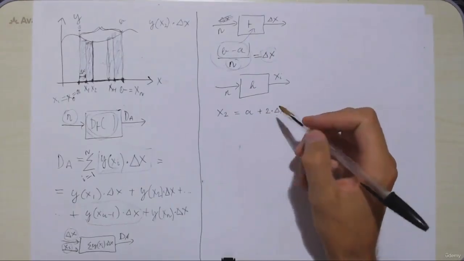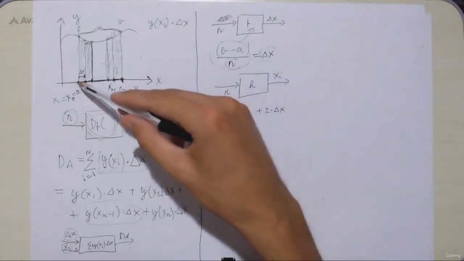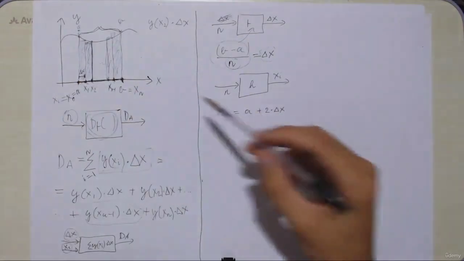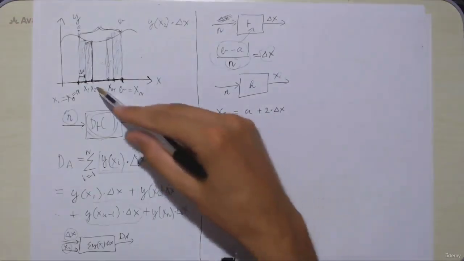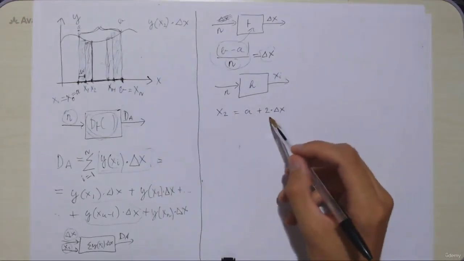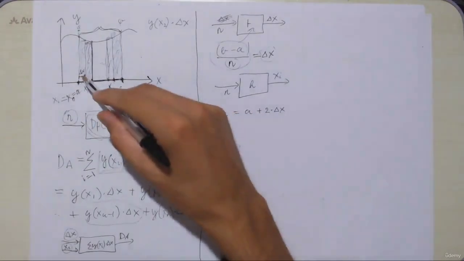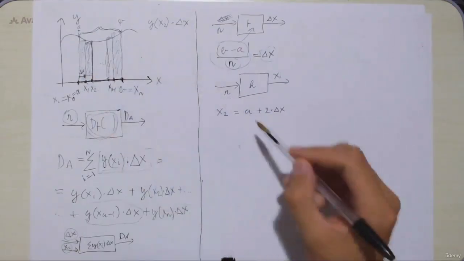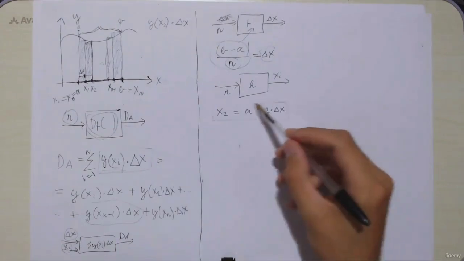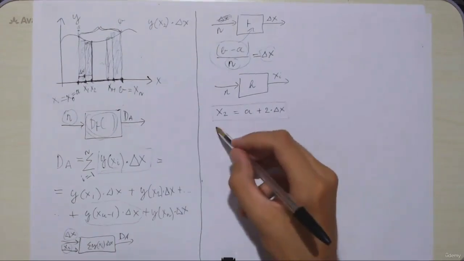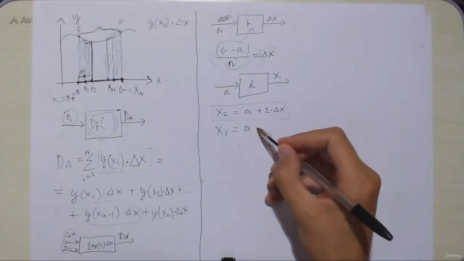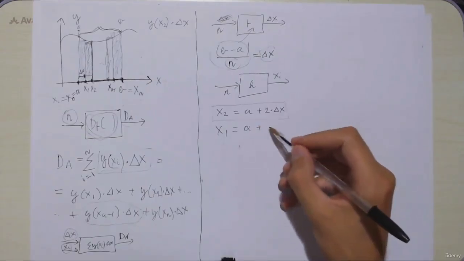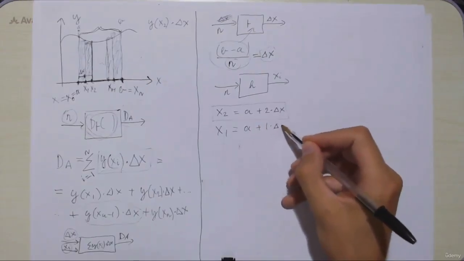Does it make sense? Yes. You're at point A, and in order to get to x2 from A, you need to add 2 times delta x. So you have 2 delta x's here: delta x, and then another delta x. So you see, you can get it like this. Also, if you want x1, then it would be a plus 1 times delta x, right?